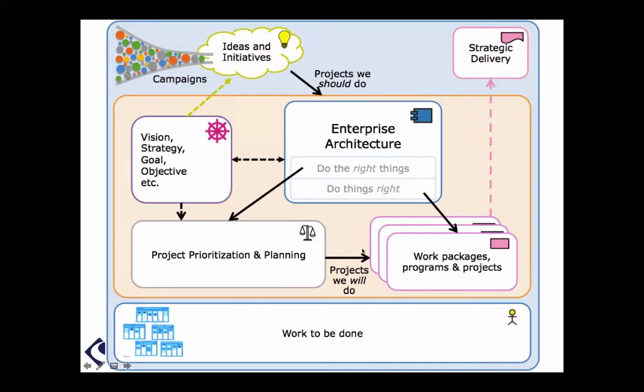And I won't go too far into this graphic because it's probably a presentation in its own right. But just to show, from a campaign and the ideas initiatives, how this fits into an enterprise architecture, as you would know it.